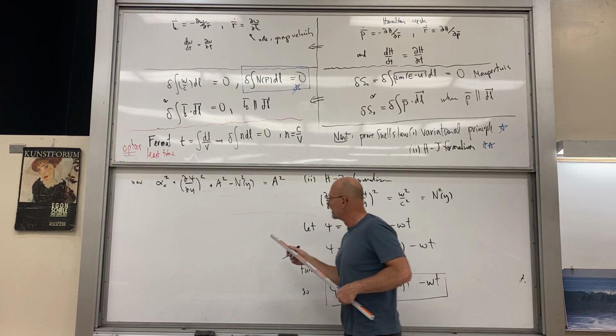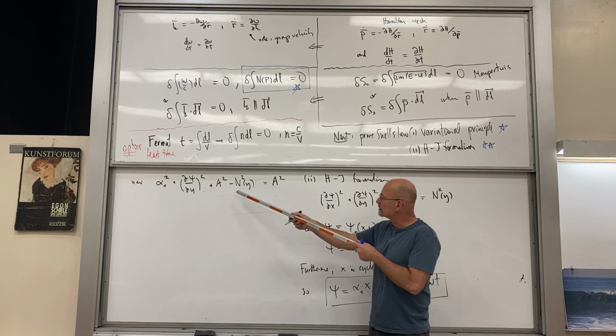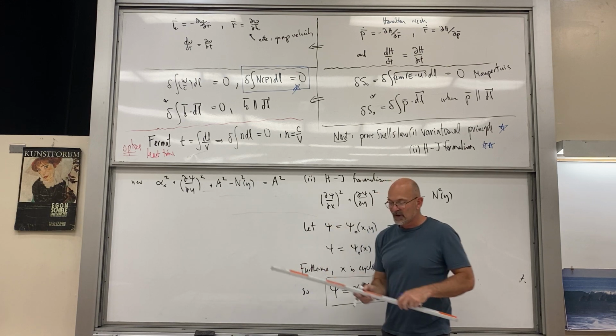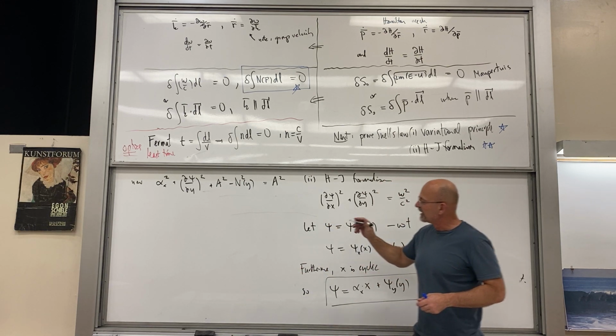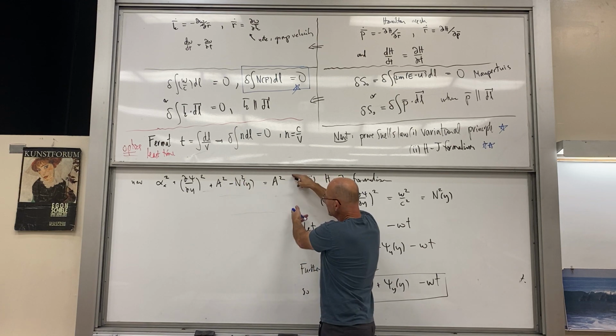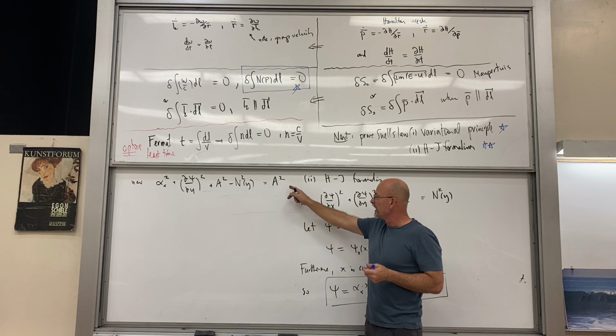I just added a squared to each side and subtracted n squared of y, because now it looks the way it looked before when we had the potential energy on the left side and the constant on the right. So the a is actually going to drop out when we're all done, but we can do that.